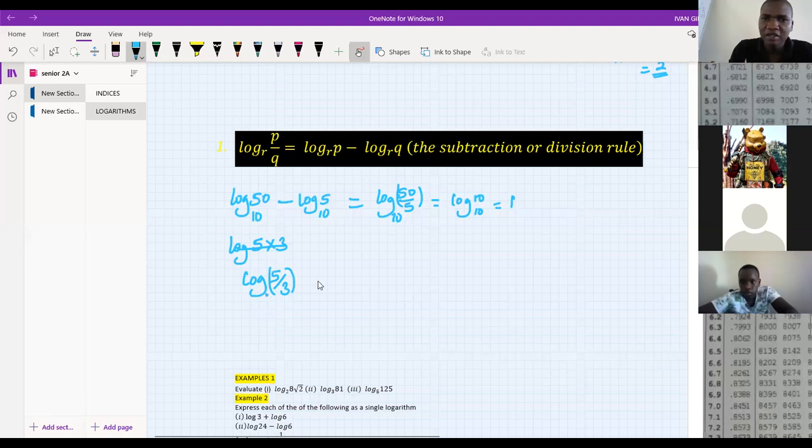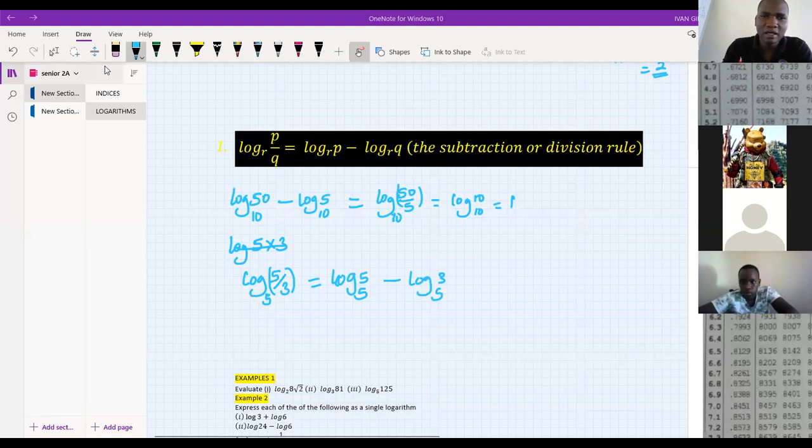This will be the same as log of 5 base 5 minus log of 3 base 5, like that. So that's how you find that logarithm.